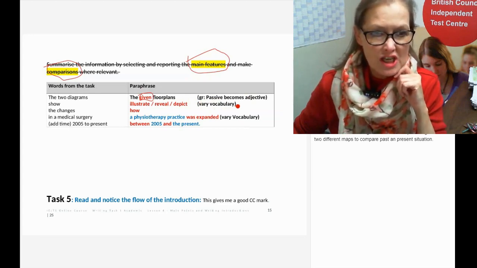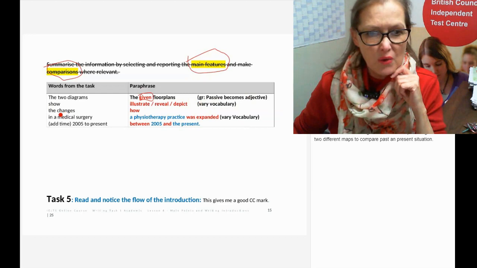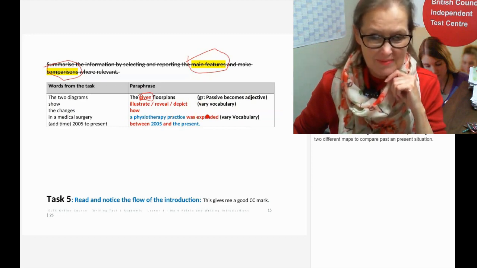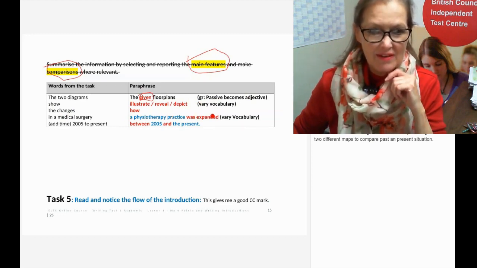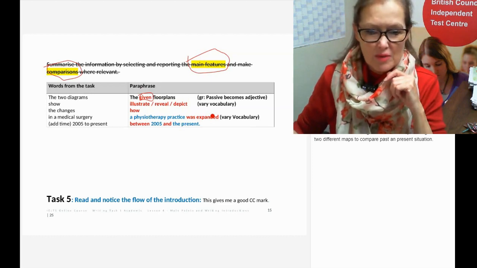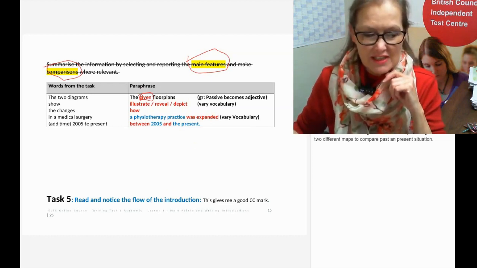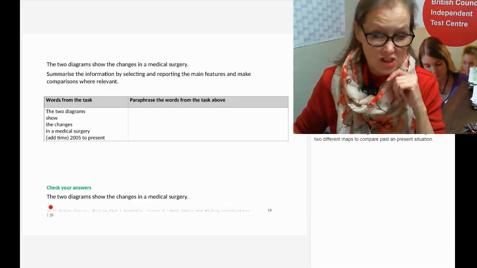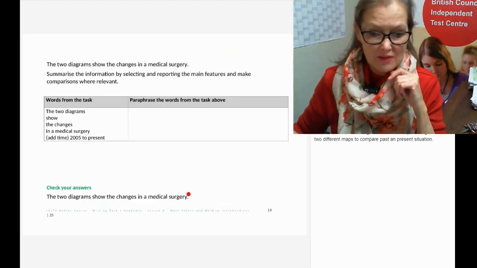When we're talking about changes, we could say how something happened. So how a physiotherapy practice was expanded. Now let's just go back to the question, because I think they give us the active in the question. Are they just simply talk that show the changes in a medical surgery?